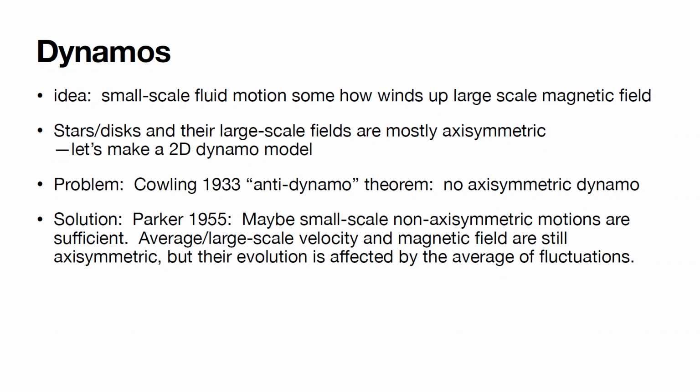The problem, proved by Cowling in 1933, is that you will definitely fail. If you just take the MHD equations and evolve them in axisymmetry, you can prove it's impossible to make a dynamo. Indeed, one can even see this in 2D MHD simulations, like the HARM simulations going back decades. Originally they were done in 2D, and the magnetic field amplifies beautifully to equipartition.